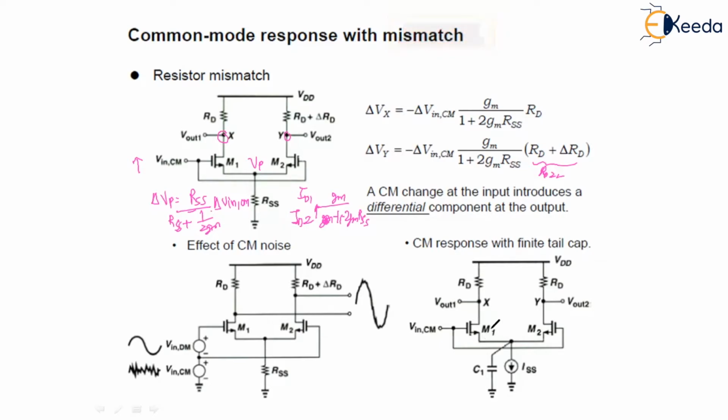This figure illustrates that at higher frequencies the common mode to differential conversion is significant, where we have considered a capacitance shunting the current source.